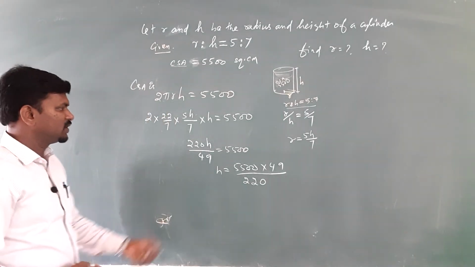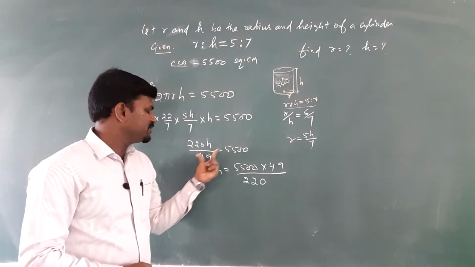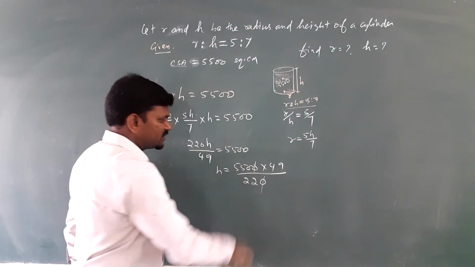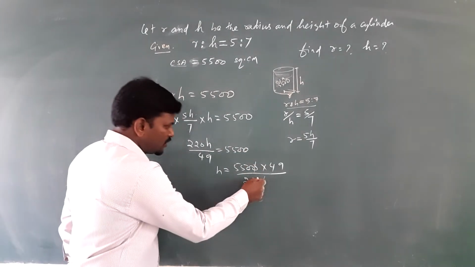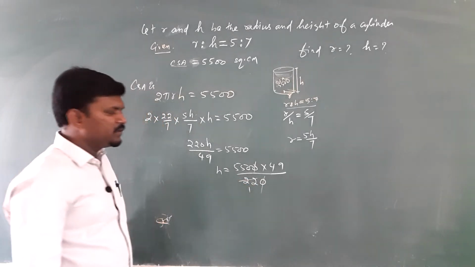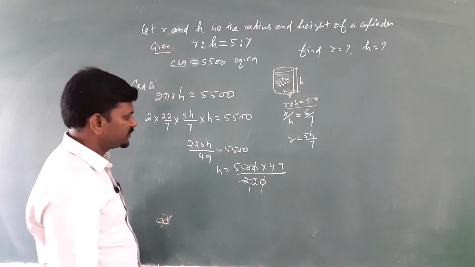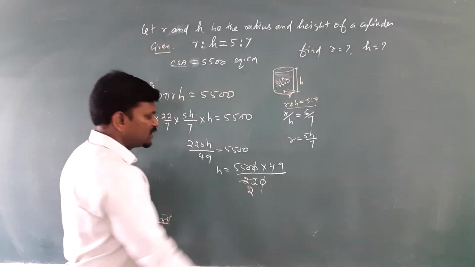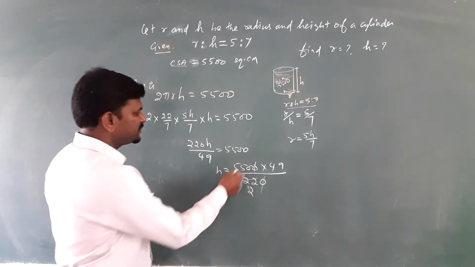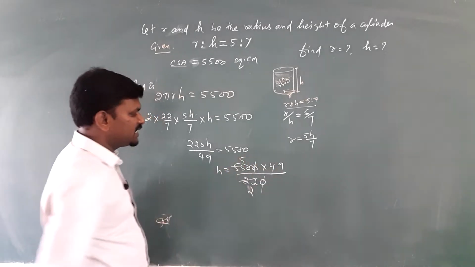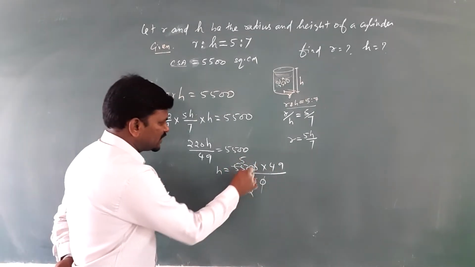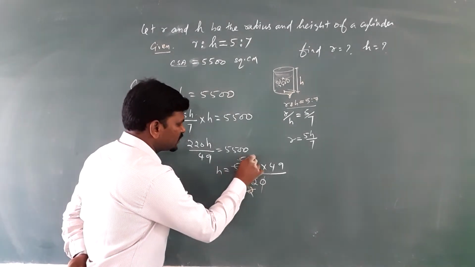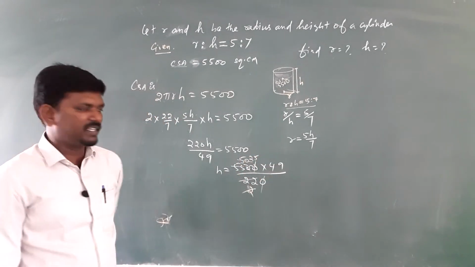So 220, division becomes multiply and multiply becomes division. Now we can cancel the zeros. 1 22 is 22, or we can use the 11 table first. 2 11s are 22, 5 11s are 55, and this 0. 1 2 is 2, 25 2s are 50.